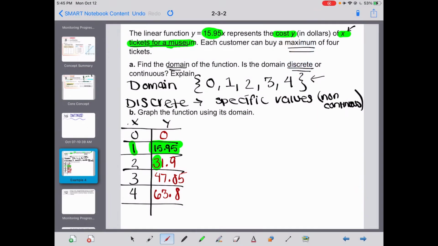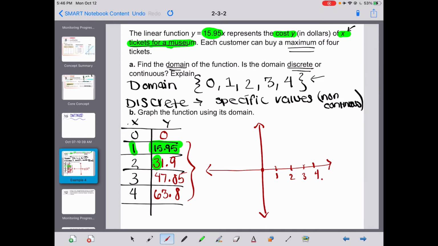Okay, so now those are your values. We are going to graph these values, and if you have graph paper, great. If you don't, at least estimate it. So I'm going to draw my ticket values are 0, 1 ticket, 2 tickets, 3 tickets, and up to 4 tickets. And I'm going to estimate the rest since they become larger values.